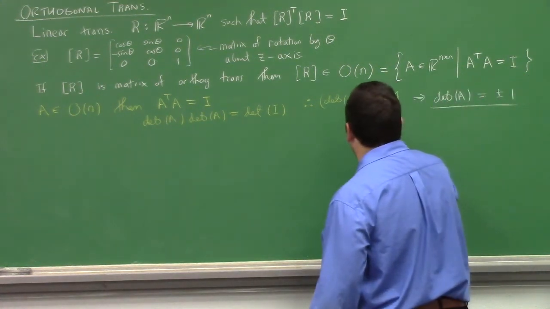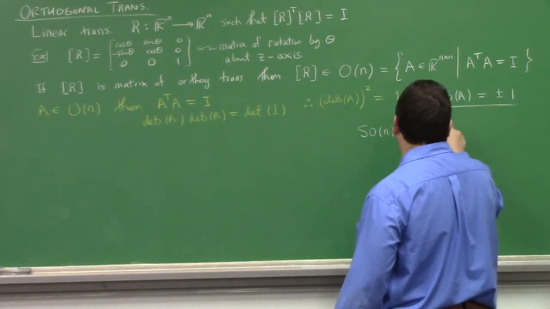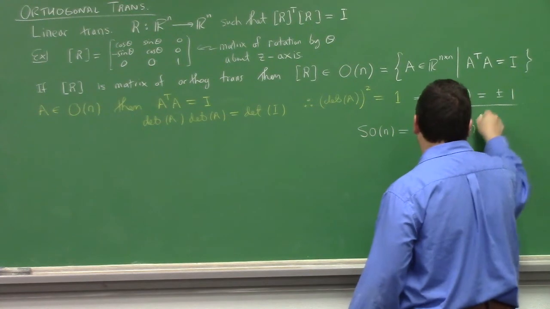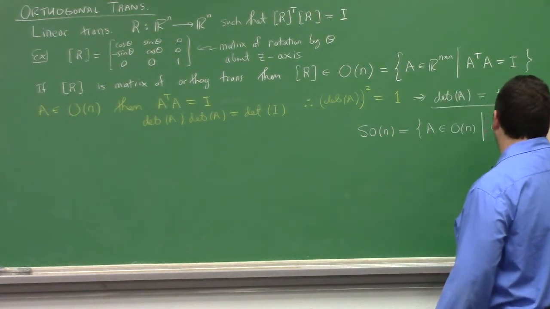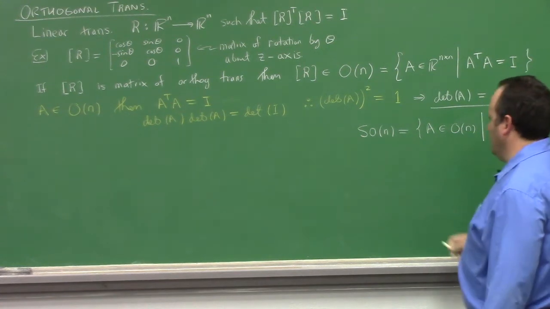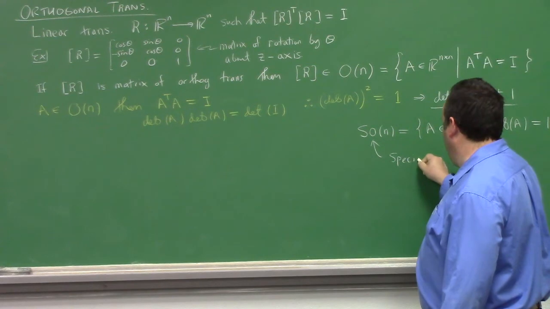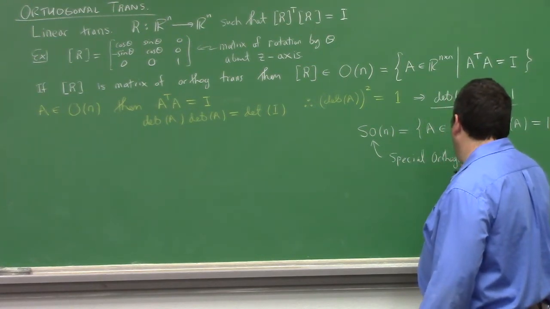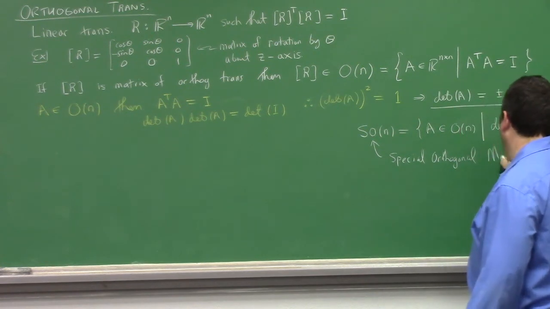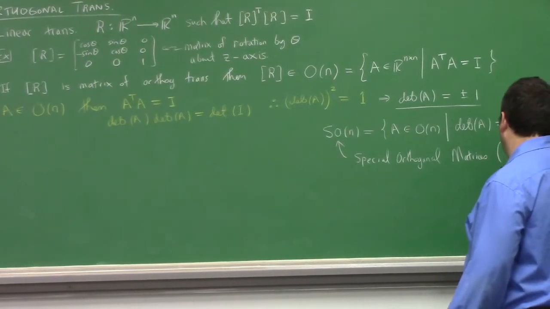Here's another notation. SO(n) is equal to A in O(n) such that the determinant of A is equal to 1. These are the so-called special orthogonal matrices. And in fact, these are the rotations.